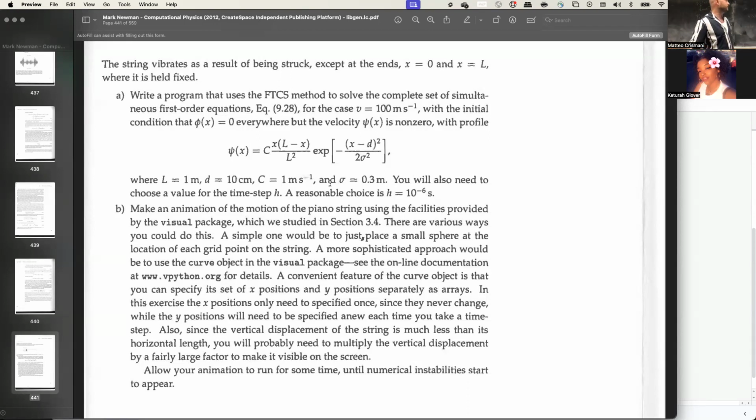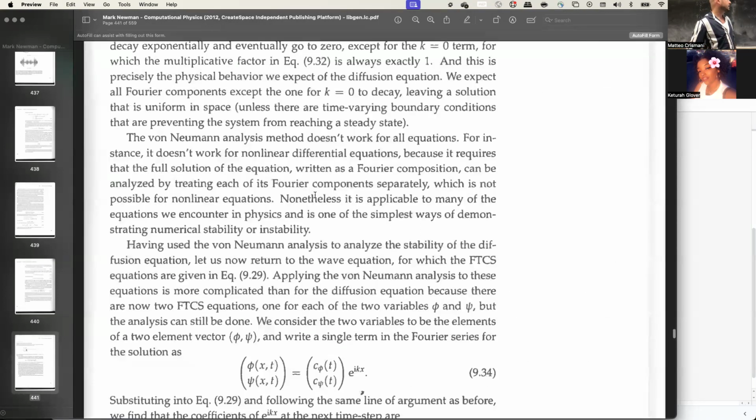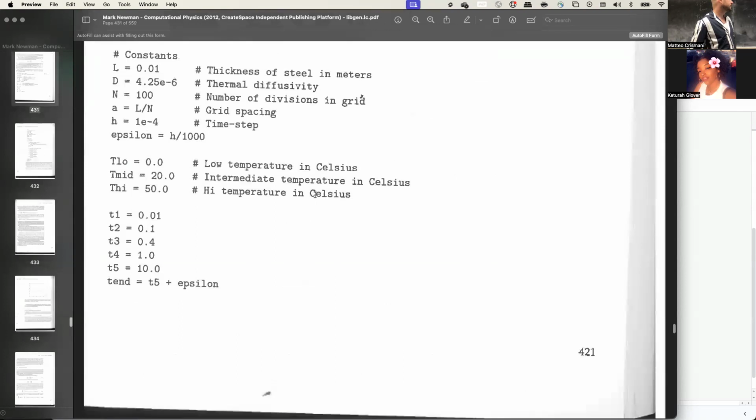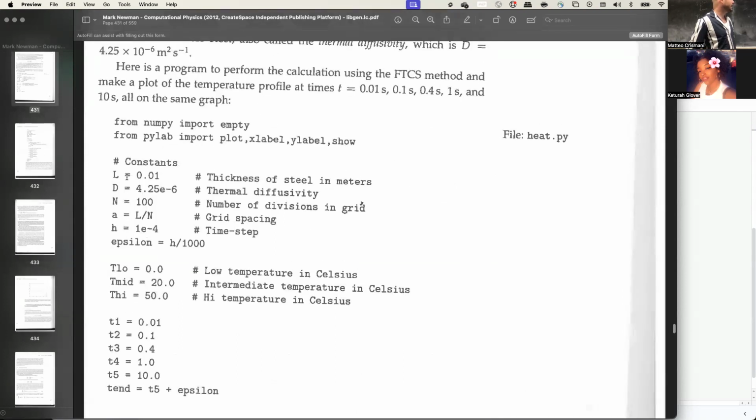Let's scroll back up if we can. Here we go. Here's L. Here's the number of divisions. Look at that word, grid spacing. Okay, so what does that mean? Grid spacing.